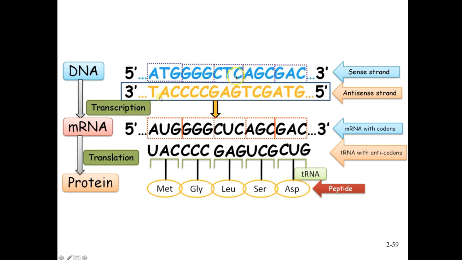Transcription will read our sense strand so that we can make a copy of that using the codons. So you'll see that your mRNA strand will be pretty much exactly the DNA strand here, except we change the thymine to uracil.